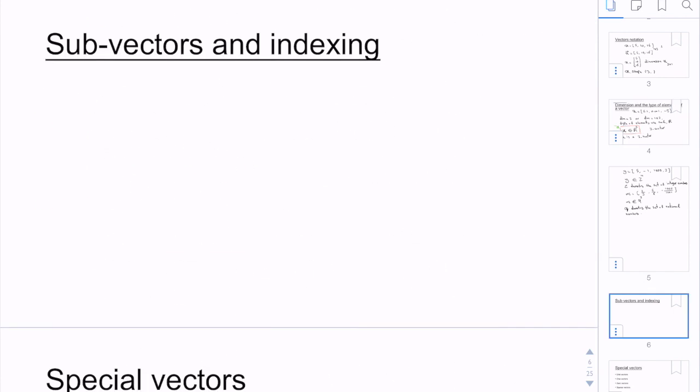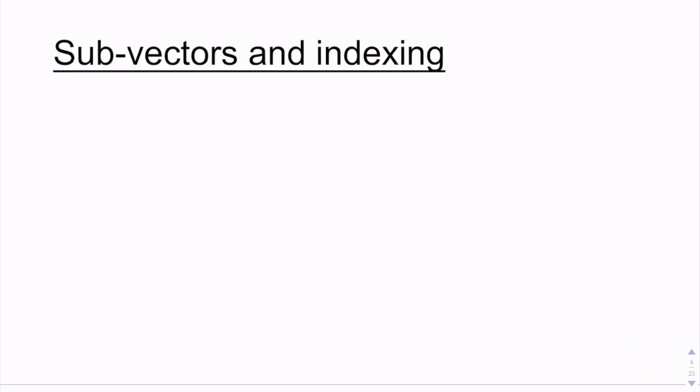Next, about subvectors. This is a very important topic. When we have a vector, we may want to slice it and get a subvector out of that vector. So we want a type of notation to show how we can get subvectors.